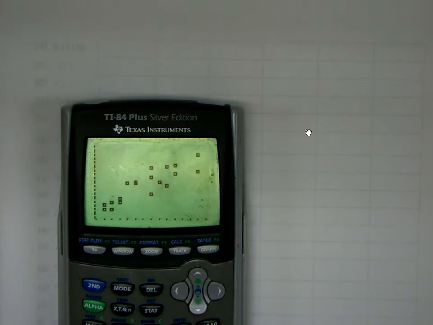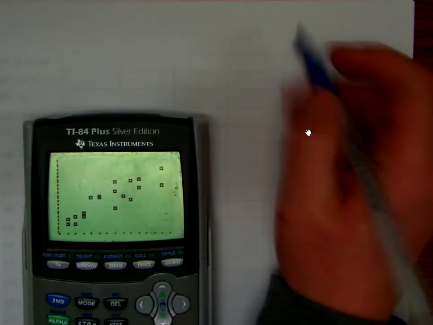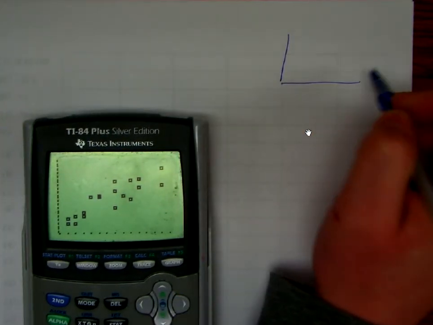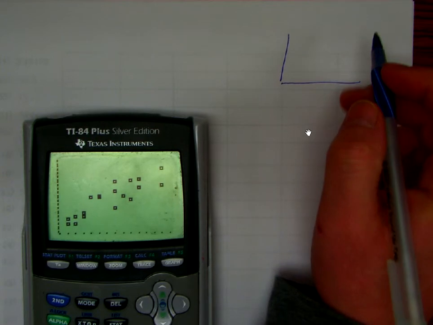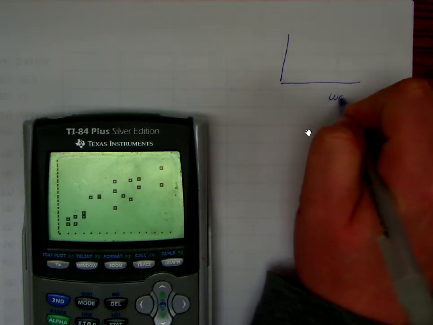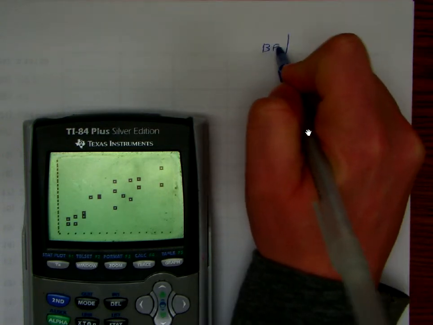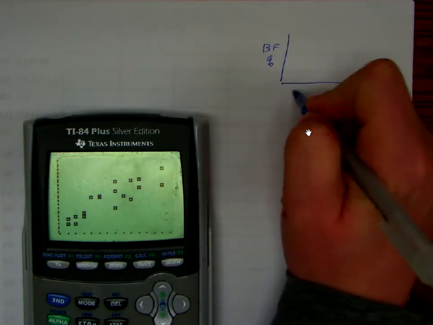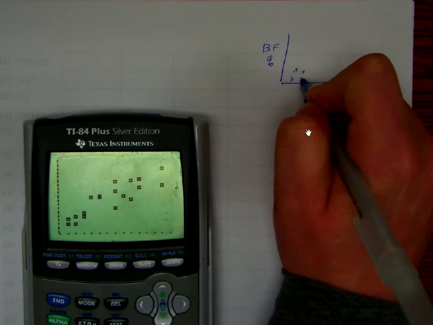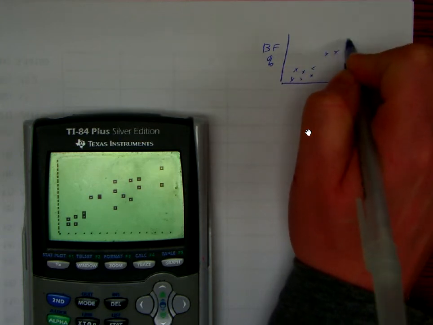Okay, and so a quick little sketch of this. Maybe I'll just do it up here. We ask, can our waist size predict our body fat percentage? And there's a quick little sketch of that.